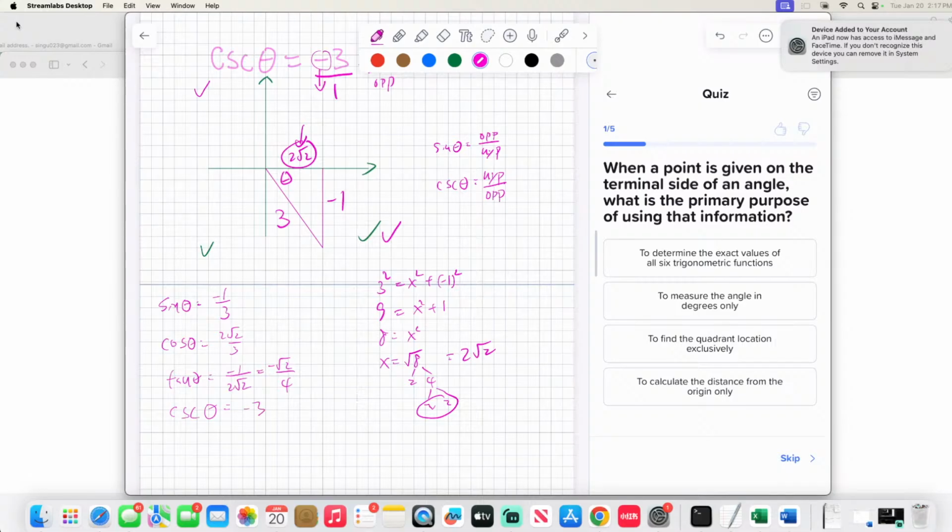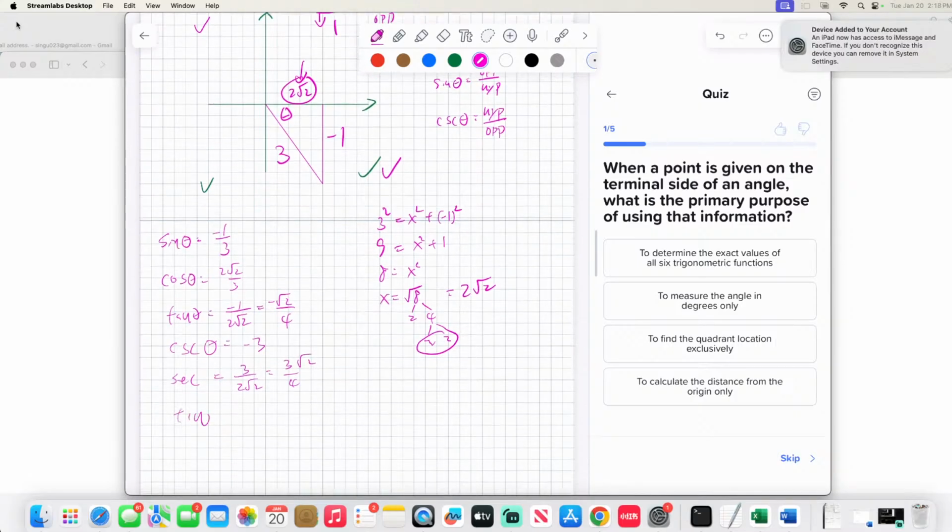We already know that. Secant is going to be 3 over 2 root 2, which is 3 root 2 over 4. And the cotangent theta is equal to -2 root 2. Does this make sense or no?